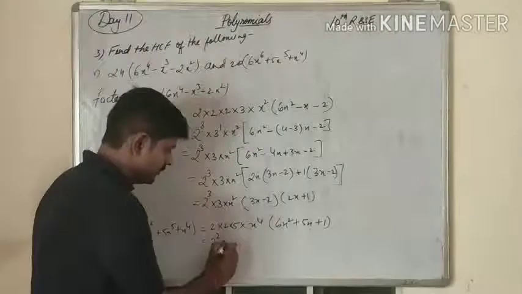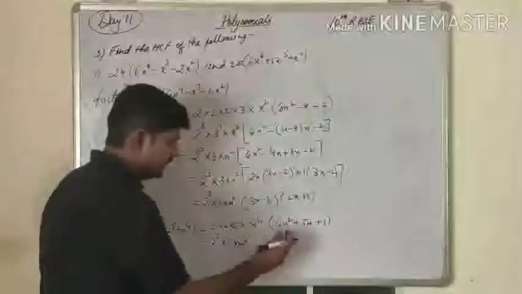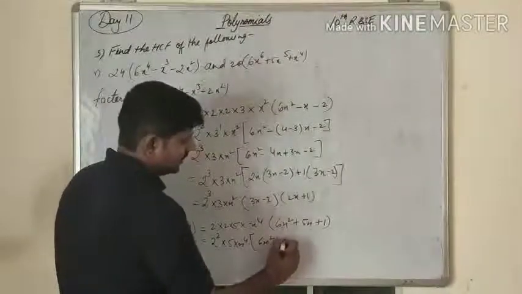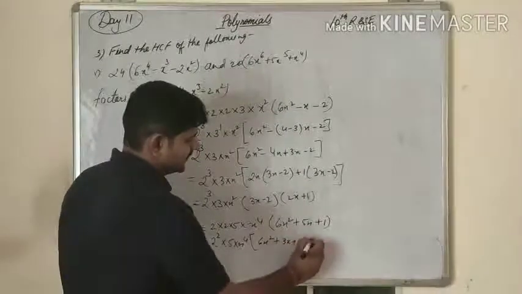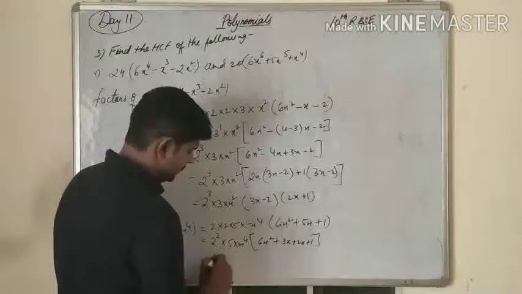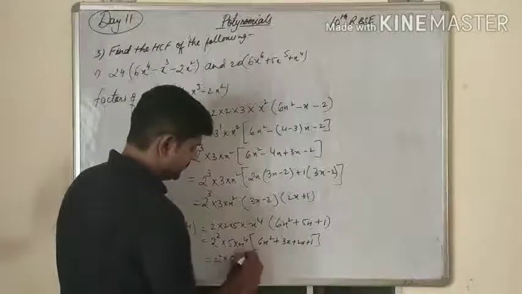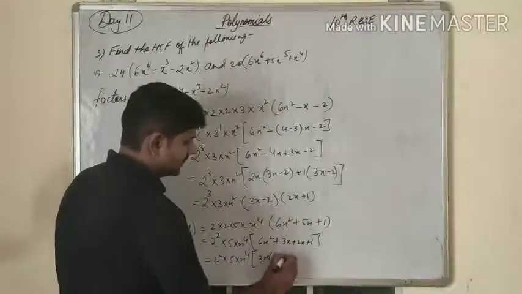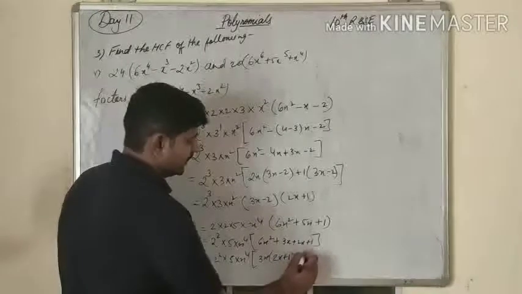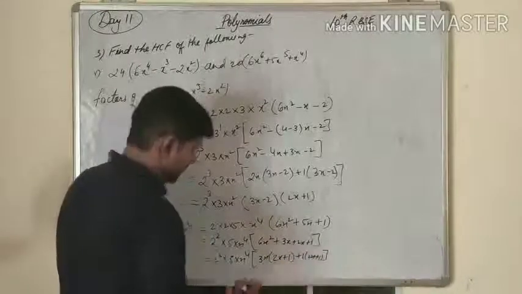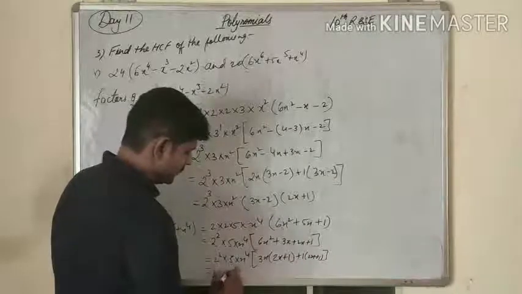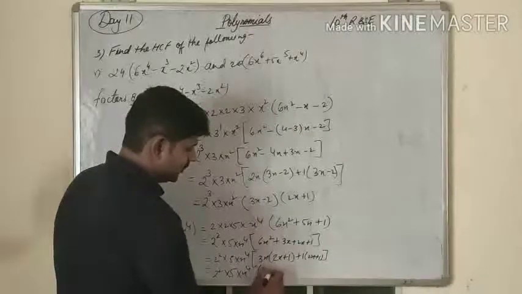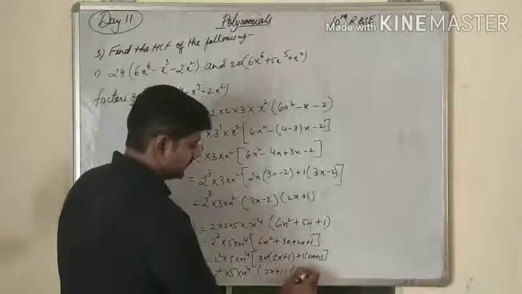So 2 raised to 2, 5 and x raised to 4, and directly I am writing this 6x square plus 3x plus 2x plus 1. Here 2 square into 5 into x raised to 4, and this side I will take 3x common, so I will get 2x plus 1, and here 1 I take common, so 2x plus 1, and all the brackets: 2 raised to 2 into 5 into x raised to 4 into 2x plus 1 and 3x plus 1.